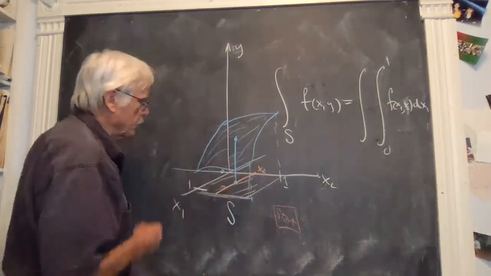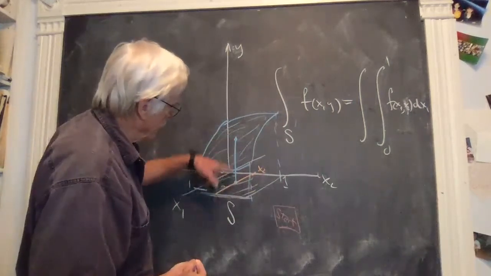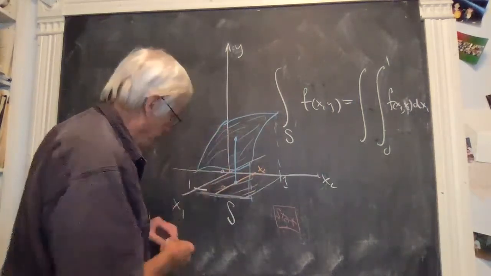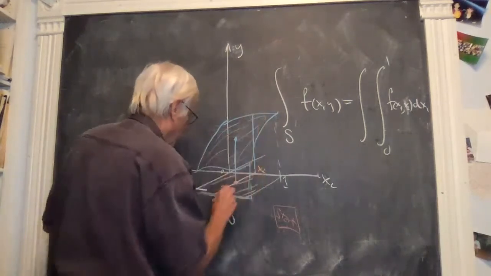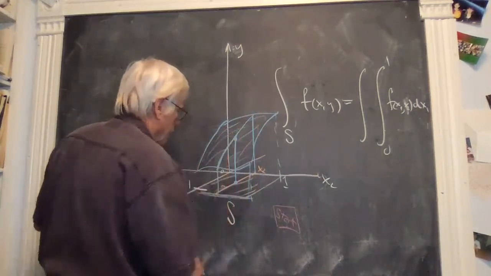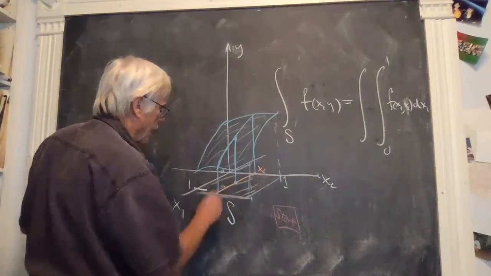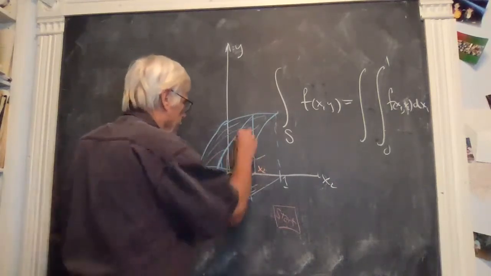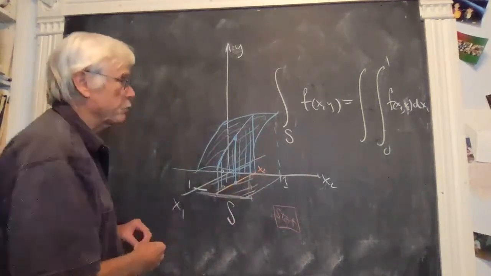And the first thing we'll do is we will let that individual stub move from 0 to 1, but just along this fixed x2 line. And that will fill up a certain area, and that area will depend on what x2 is.